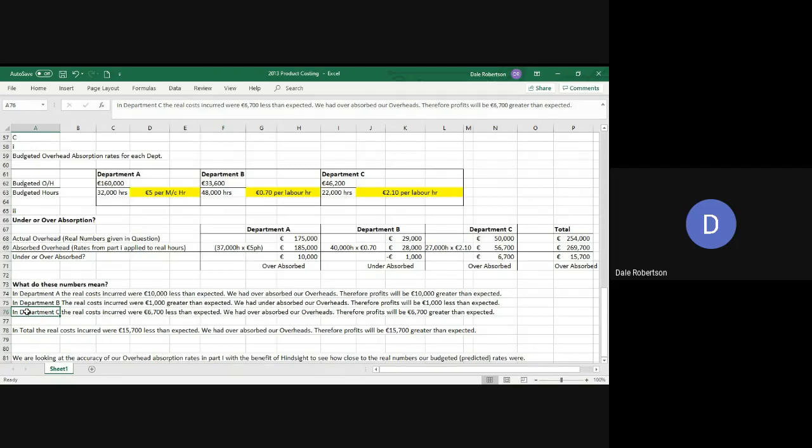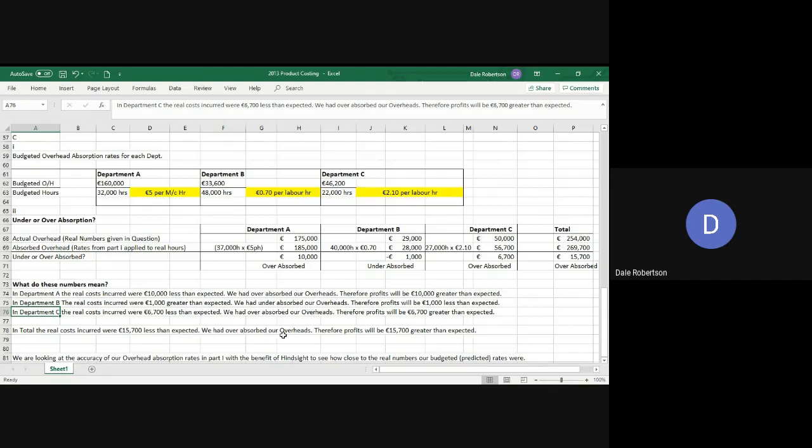The total column is just a combination of the three departments adding horizontally. And you're asked in part B of the question to show the under and over absorption and explain what these figures mean, which is what these sentences at the bottom are about. It says in total, the real costs incurred are 15,700 less than expected.